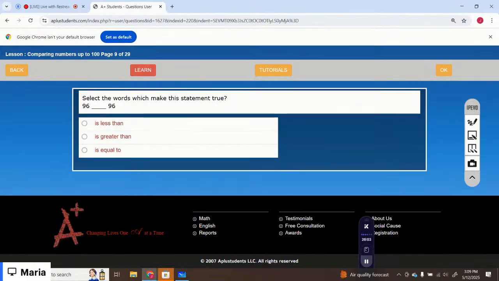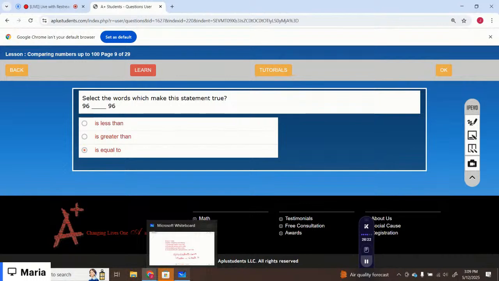Select the words which make the statement true. 96 is equal to 96. Both the numbers are exactly equal.